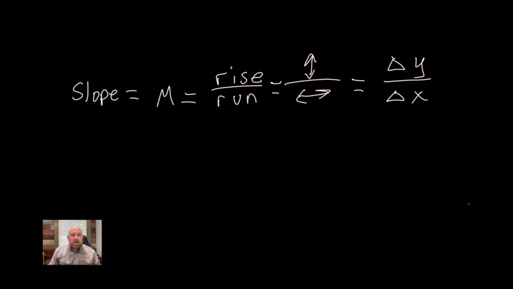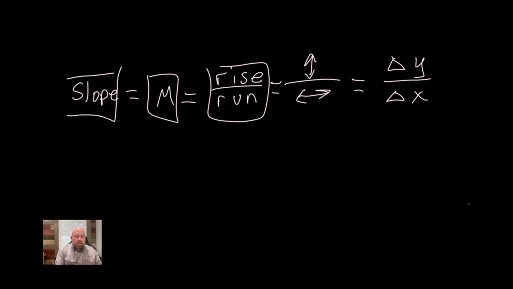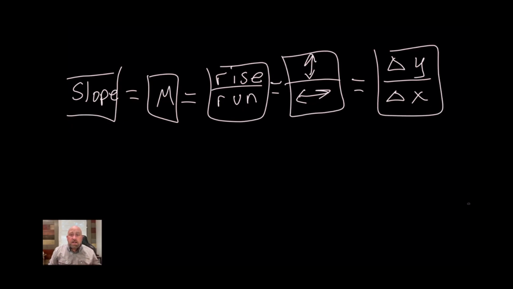So if we go back over here, there's one more way to write this. This is all the same thing. Slope equals m equals rise over run equals up and down over left and right equals the change of y over the change of x. The last way to write this, in formula mode, and the way that you'll be able to solve it, is we put the y, and you can do y1 or y2.